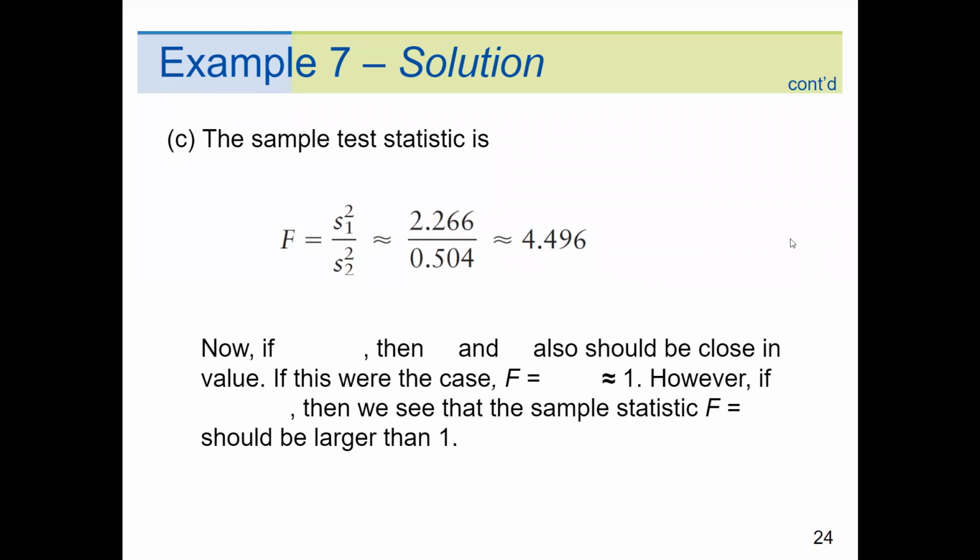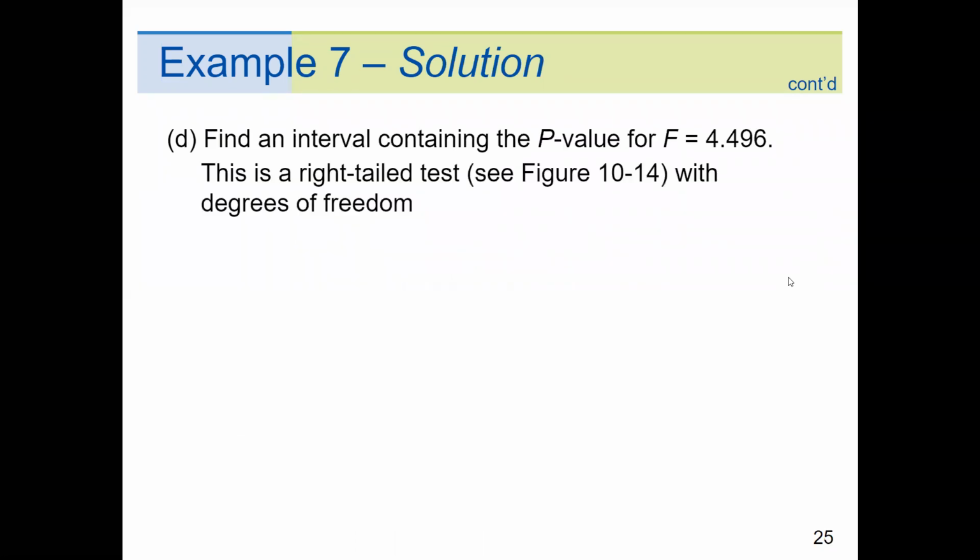The sample test statistic F is equal to 4.496. All right. Find the interval containing the p-value for F equal to 4.496.